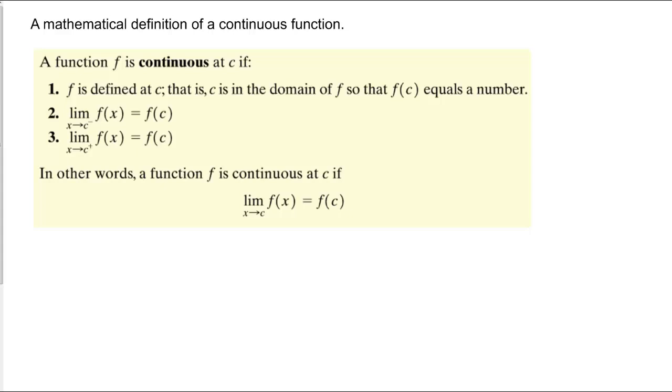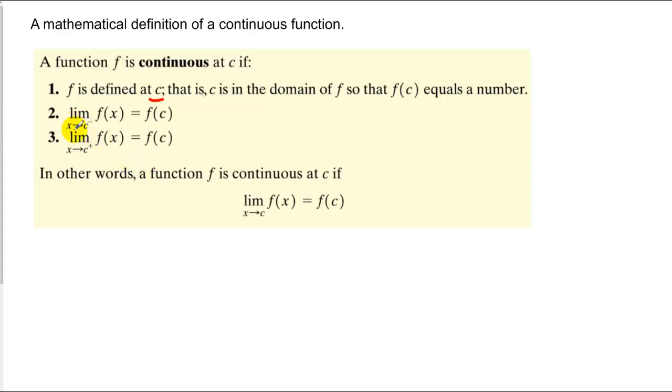Now let's talk mathematical definition for a continuous function. The non-mathematical version was no breaks, poles, asymptotes. So a continuous function is one that's defined at a value c, and c is in the domain, and f of c equals some number. So that means it's defined basically.